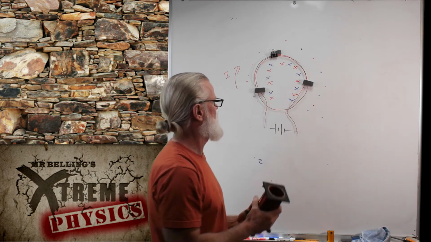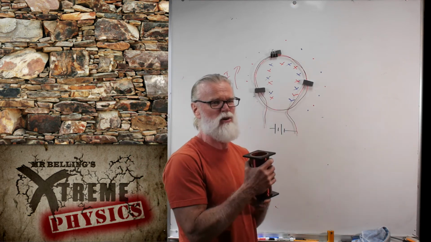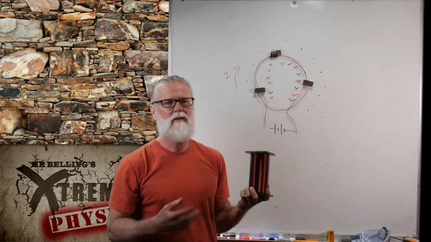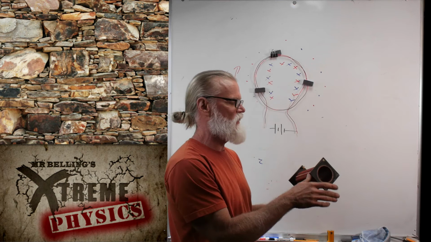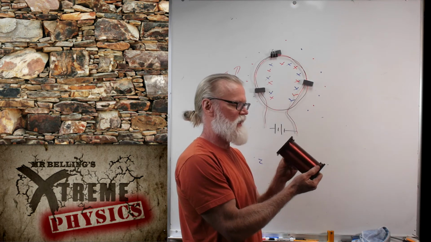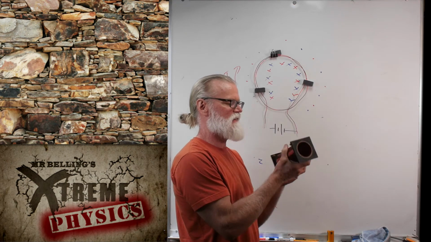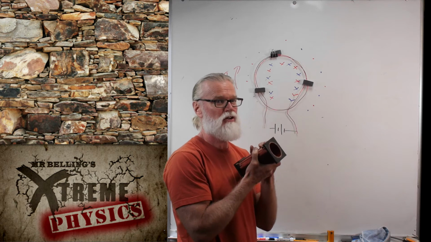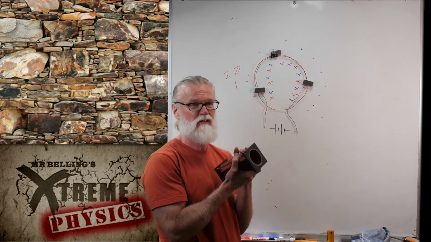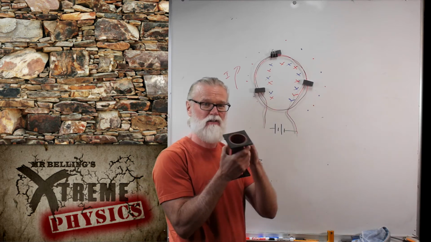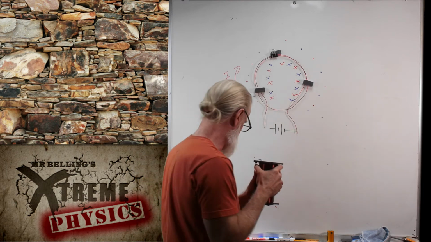And we're going to learn a new right-hand rule for determining what the field looks like for a solenoid. Now, one thing about a solenoid too is that the magnetic field that it sets up looks like a bar magnet. So this can be used as a replacement for a bar magnet.